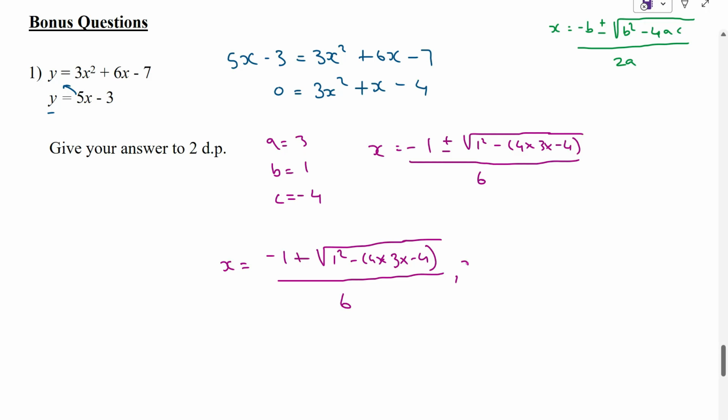And then the same thing, just with a minus instead of a plus. So let's go ahead and write out the first equation into our calculator, exactly as shown on screen.